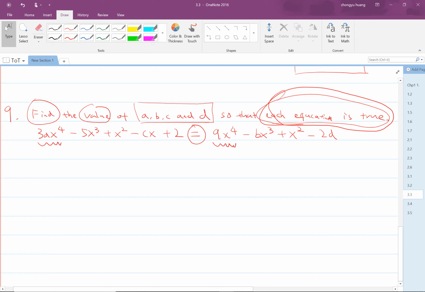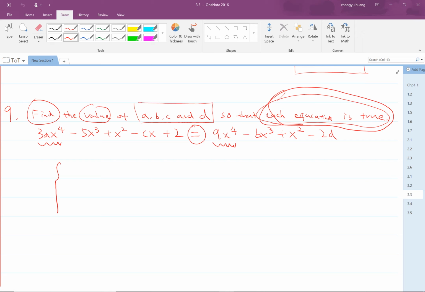Over here you see there's 3a x to the power 4, and on the other side you have a 9x to the power 4. Since both are x to the power 4, you want to make the coefficients equivalent, so each equation is true.